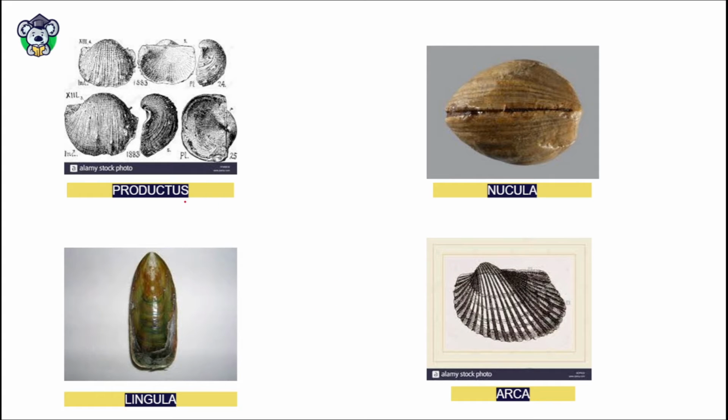These three, Productus, Nucula, and Arca, belong to which phylum? Mollusca and class Bivalvia. Productus is extinct, and its time range is early Carboniferous to late Permian.